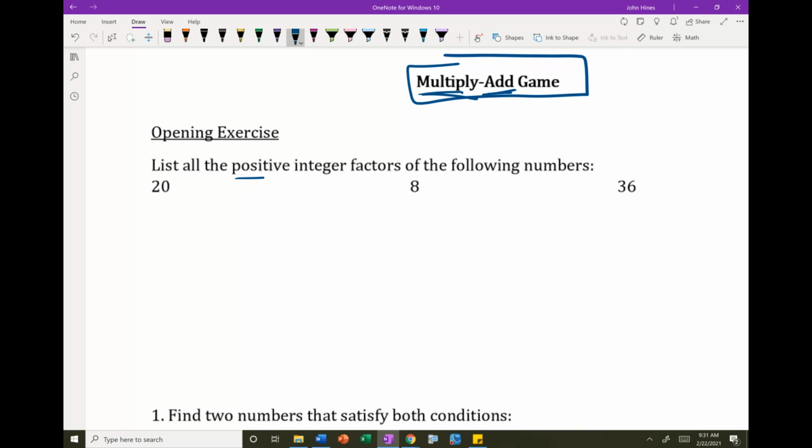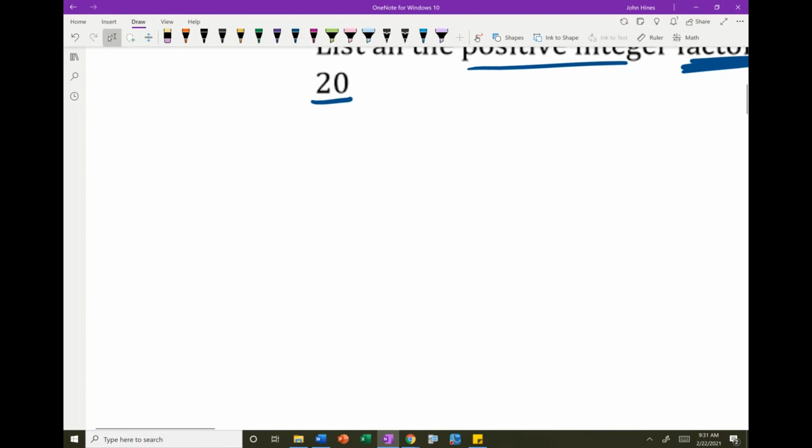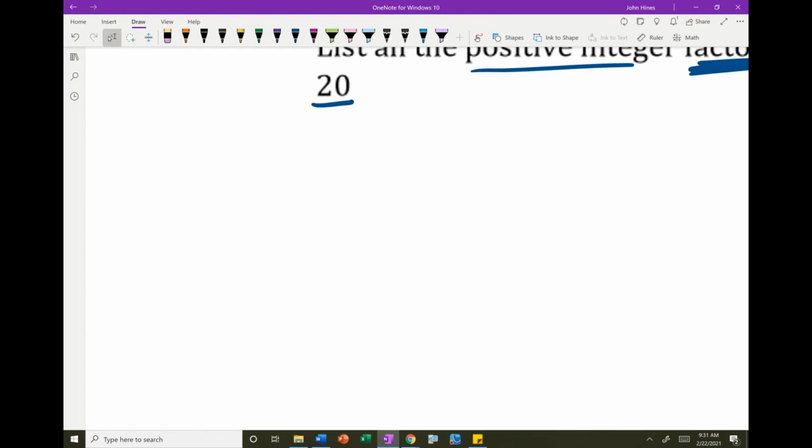So list all the positive integer factors of the following numbers. So what are the numbers that multiply to 20? What are the positive numbers that multiply to 20? So when I do this, I say, all right, I start with 1. Everyone always forgets 1 is a factor. 1 times 20. 2 times 10, right? 2 times 10 is 20.